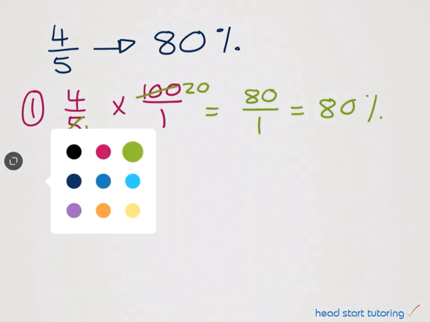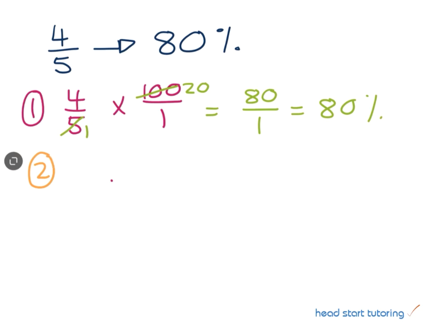The second option of working out 4/5 as a percentage is to get that 4/5 into an equivalent fraction out of 100, because we need to understand that a percentage is a fraction out of 100. It is a number out of 100. So as soon as you've got your denominator to be 100, your numerator will automatically be your percentage.